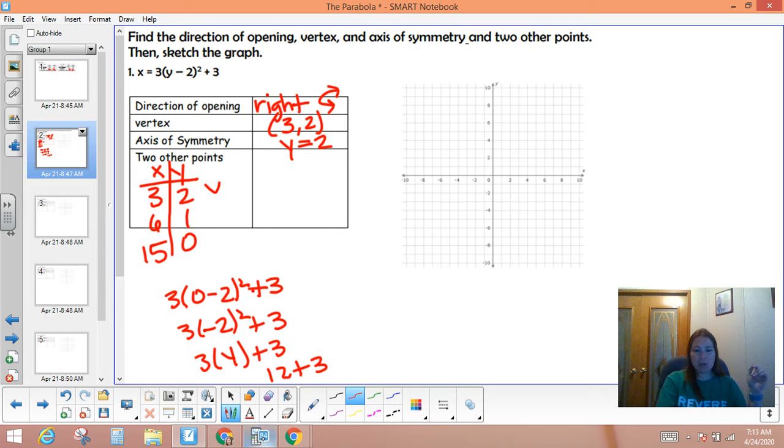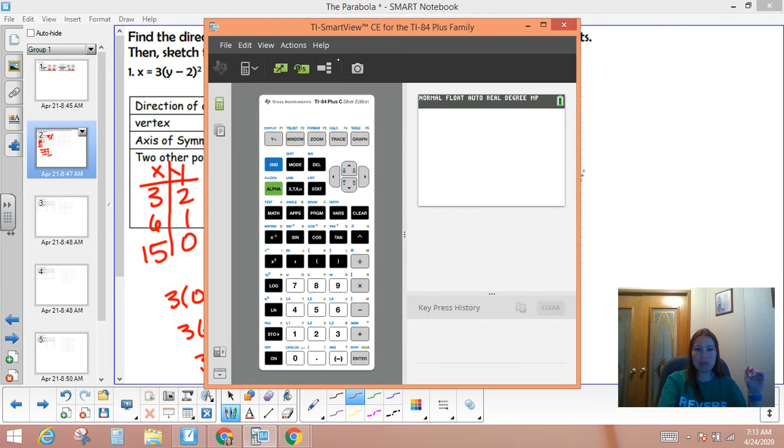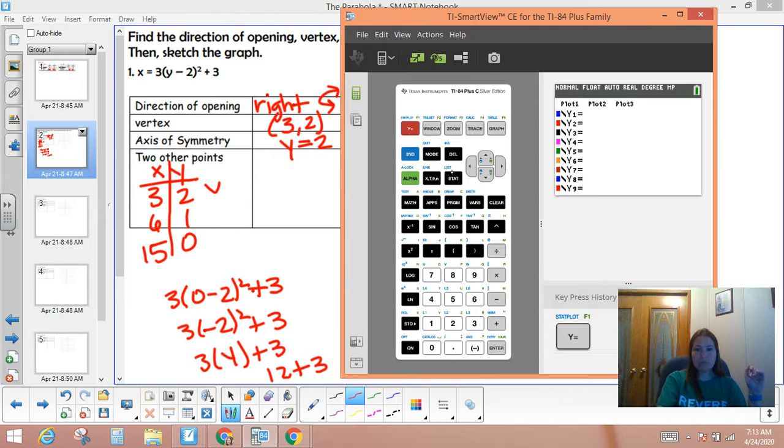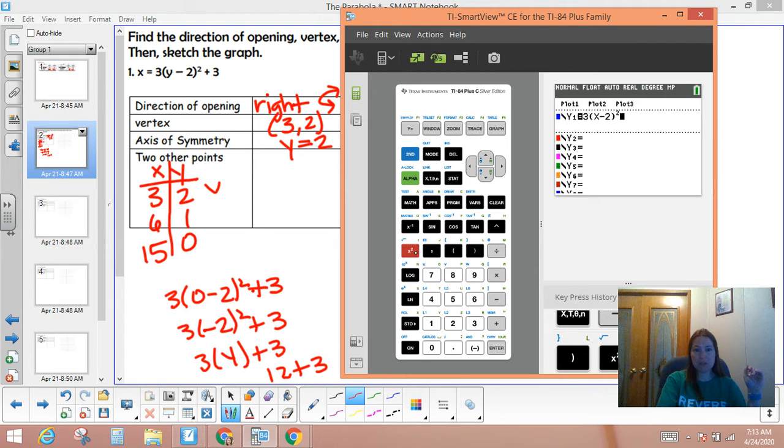All right, so the other option is, now this says x equals, but if we just pretend like it says y equals, then we can type it in to our y equals. And so we can do 3 parentheses x minus 2 squared plus 3. Now, if I hit graph, this is not going to give me the right graph.